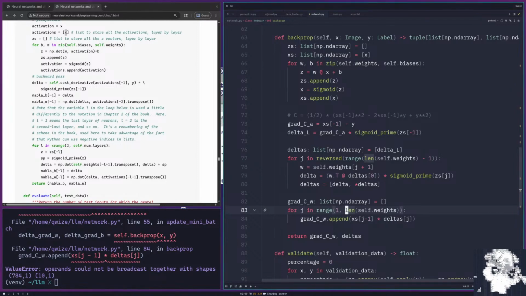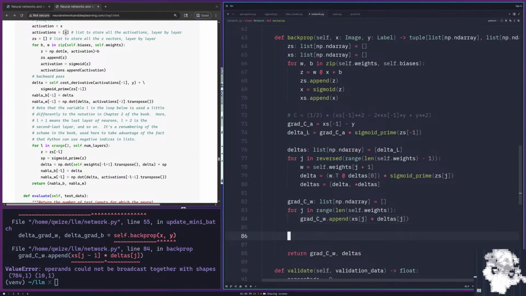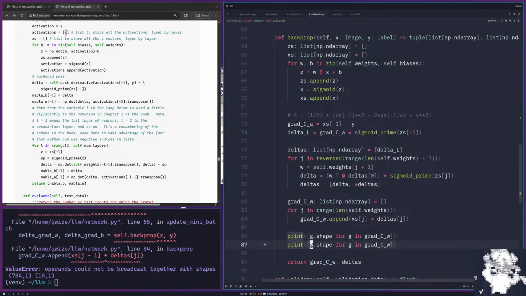The thing is, all of the sizes matched here, which is really hard to imagine that they would do. Print grad CW, print g.shape for g in this, print d.shape for d.